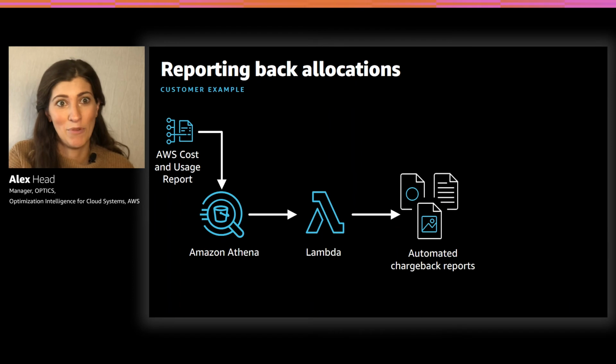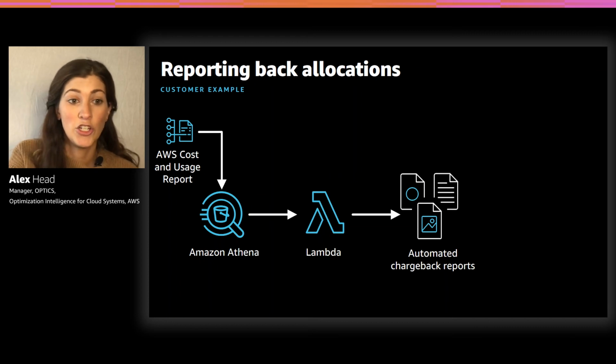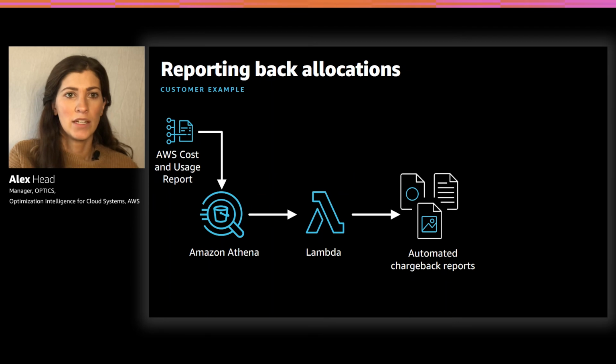Some other examples that I've seen people do, even outside of the QuickSight dashboard and cost intelligence dashboard, is using that cost and usage report with Athena and Lambda to automate chargeback reports. I had a customer who had a consulting view of, we need to tell our internal customers what they're spending.